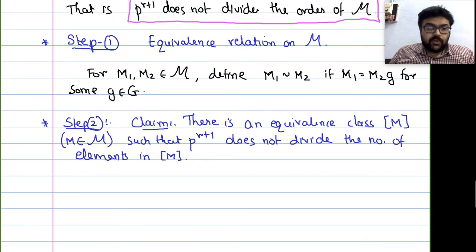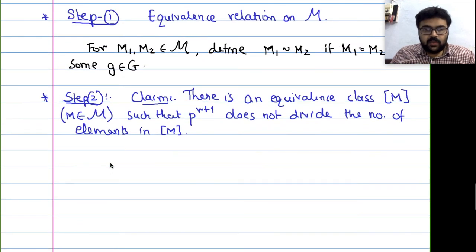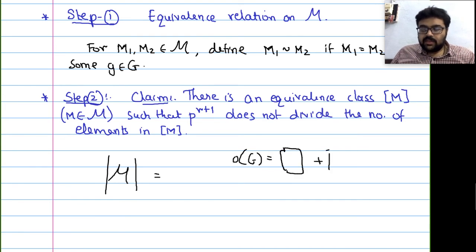Now, I'll do this for you. Anyway, I'll do all the steps, but this I can write right now. When we have equivalence classes, what is the number of elements in script M? We write the order of G as: when we have equivalence classes, we have some elements here plus some elements here.